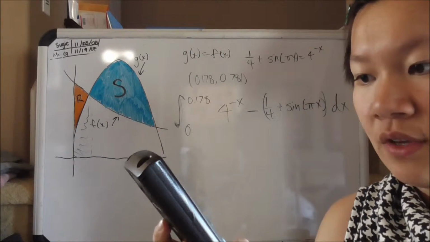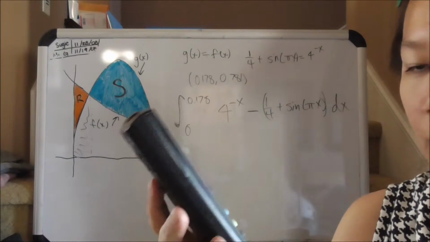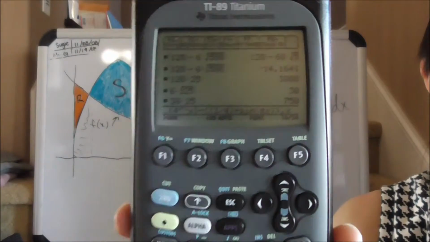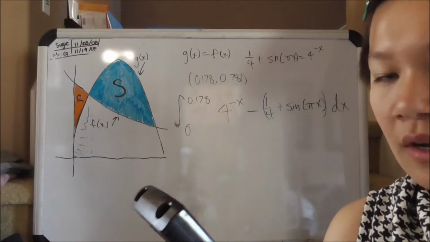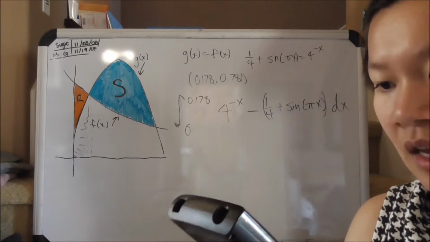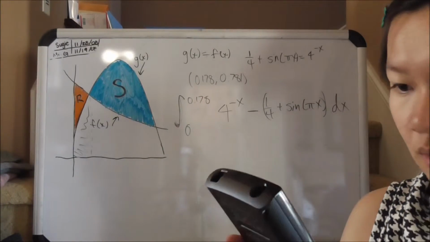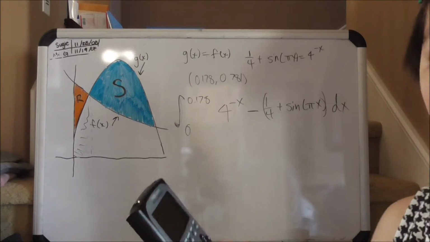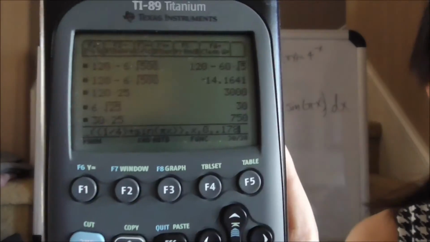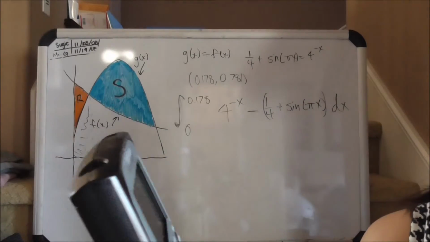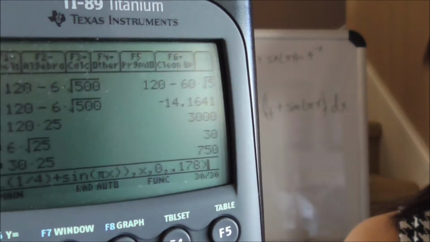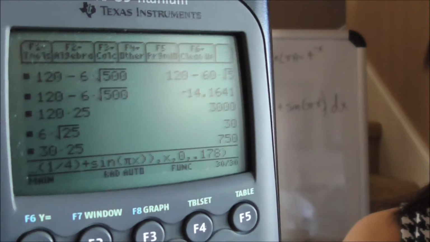So without fully closing off the equation, you're going to put a comma, then whatever variable you're using, we're solving for x in this case, then another comma, and then you put whatever is on the bottom. In this case it is a 0. So comma x comma 0, comma again, and the end point, which is 0.178. And then you close it off with a parentheses. So now this comma x and the start and end points are inside of the integral.